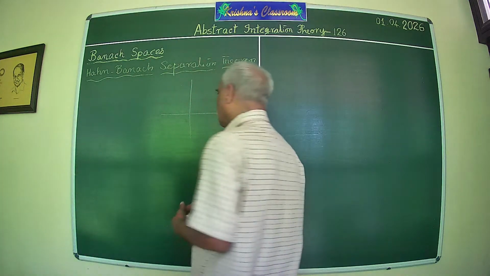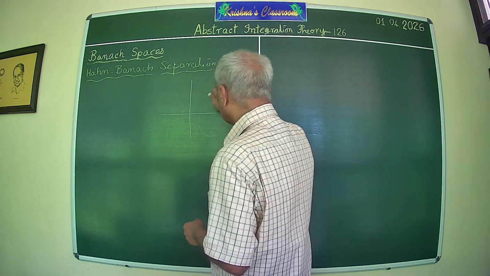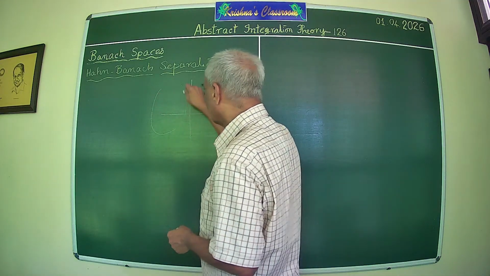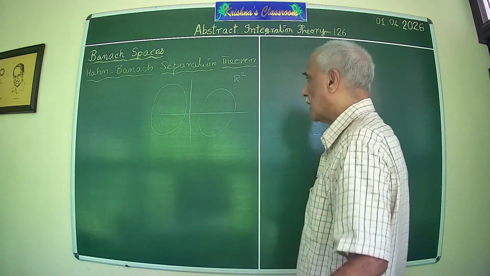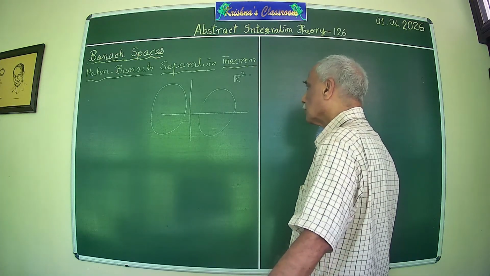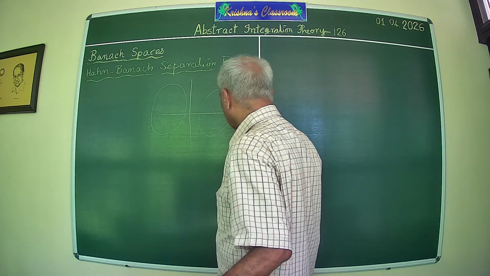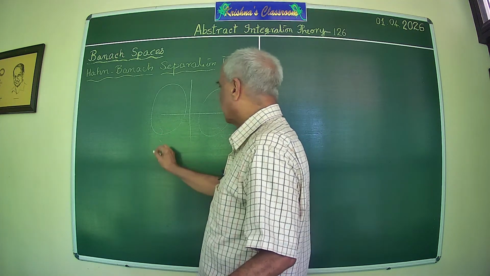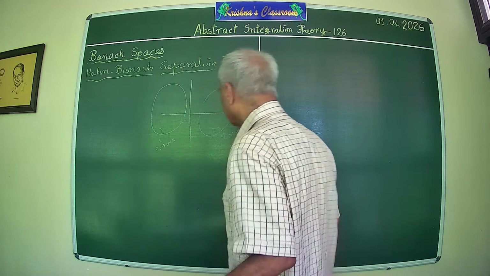In R2, suppose you have two regions which are disjoint and convex. So the properties are, let us take this convex, but they are disjoint.